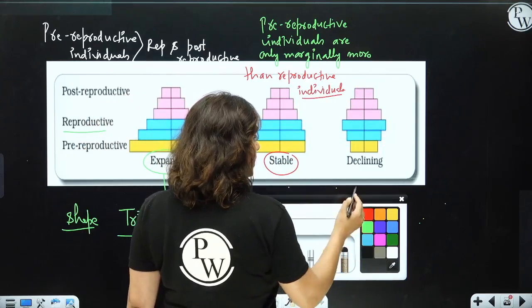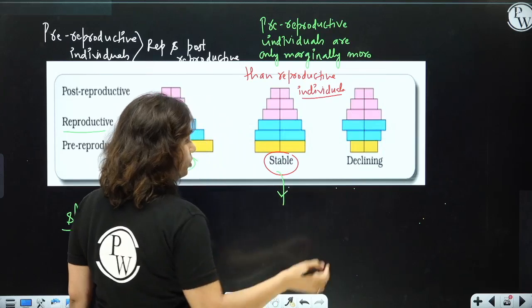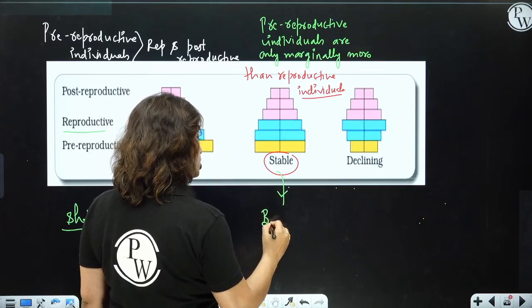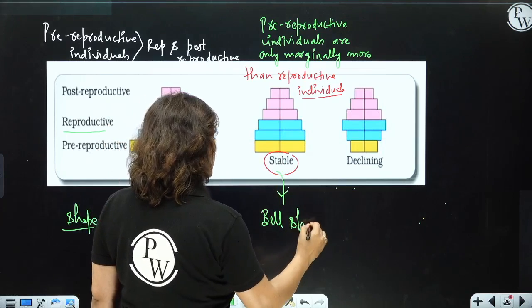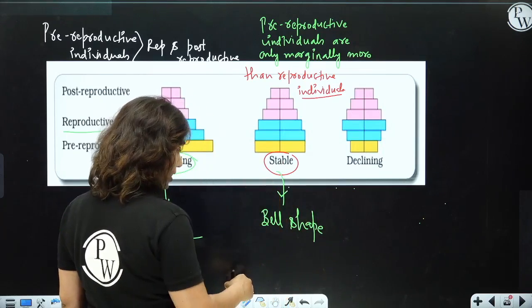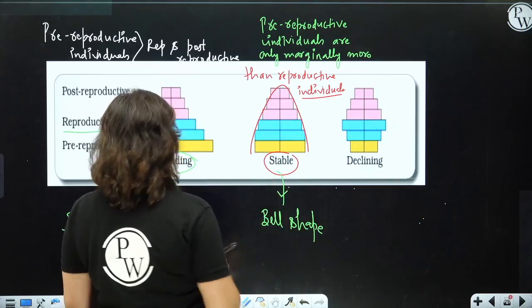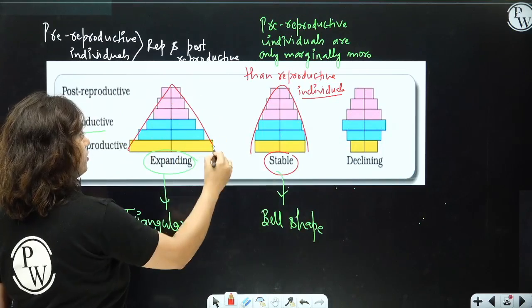That means there will not be much change in the population, and the shape we get here is a bell shape. You can see here, this is a bell shape. This is a triangular shape.